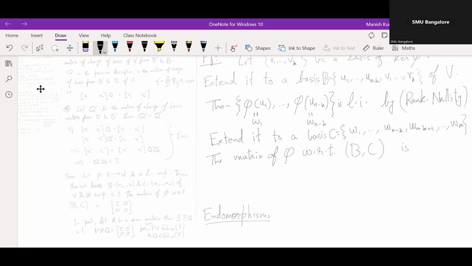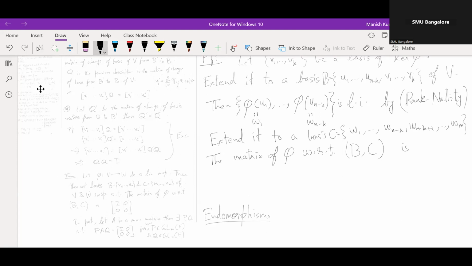What do you have to do? This is the basis B. You look at phi of Ui, and you write it as a linear combination of the Wi's. That is how you do it, right? Phi of the Ui's and then phi of the Vi's and so on.